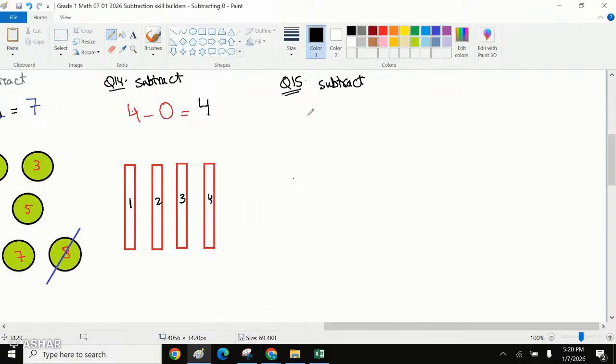So if we need to subtract 0 from 3, it would mean, if we had 3 triangles, triangle number 1, another triangle, triangle number 2, and the third triangle, right? We have 3 triangles in total, and we leave all 3 there.